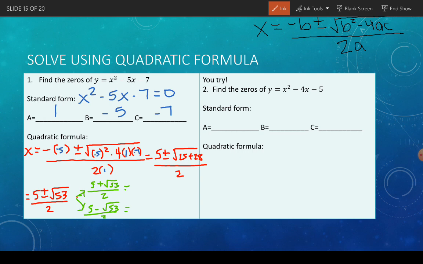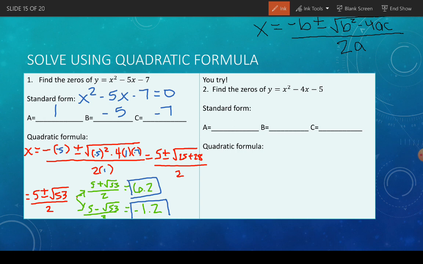So when you simplify this first one, you're going to get 6.2. And our other zero is going to be negative 1.2. Okay, so we found our two zeros to the quadratic y equals x squared minus 5x minus 7. And it's 6.2 and negative 1.2.